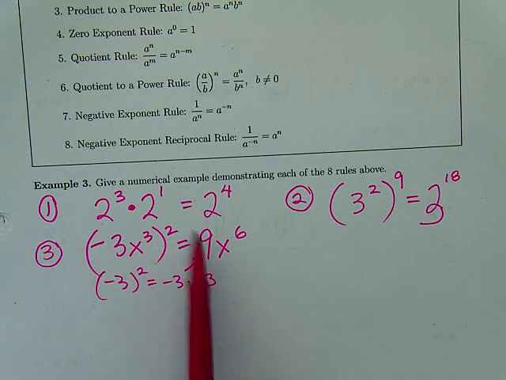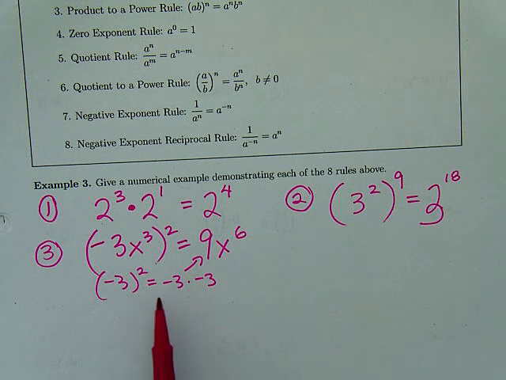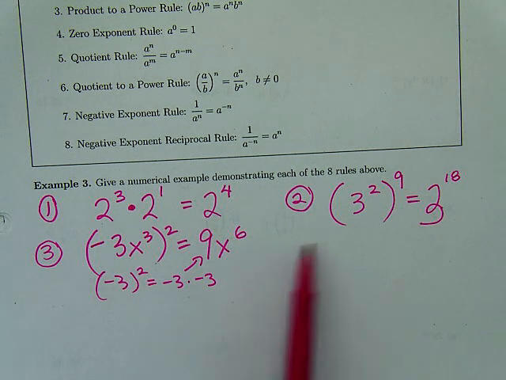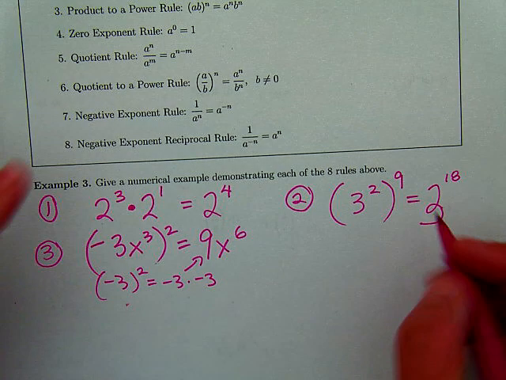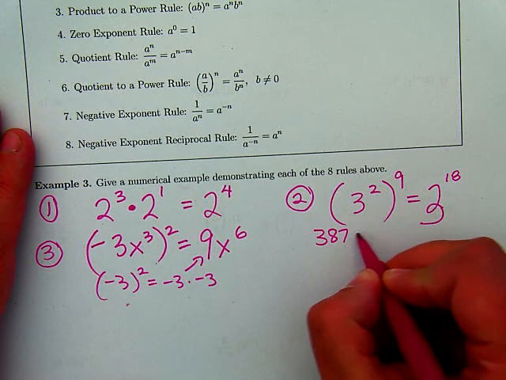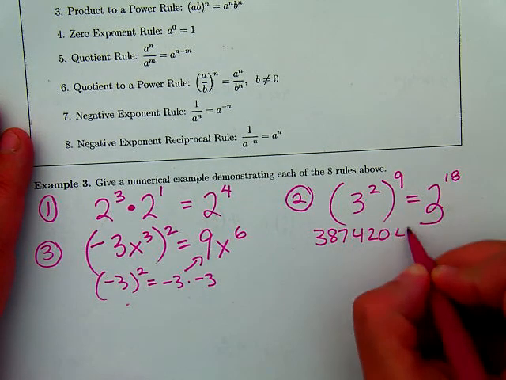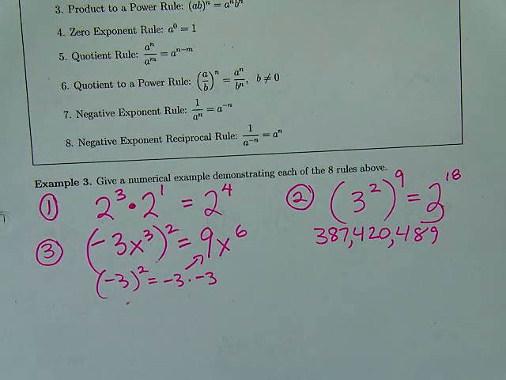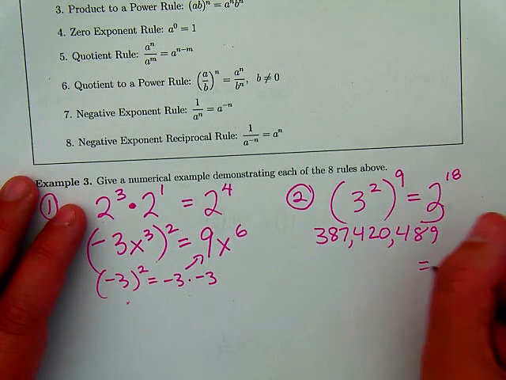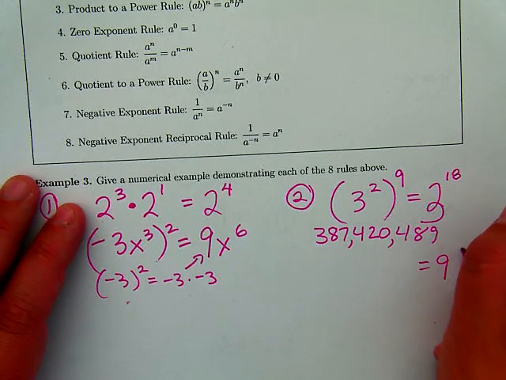Because 9 is a much smaller number. If you want, we can write this out as 387420489. Oh, sure. This would be the same thing as 9 to the 9th power.